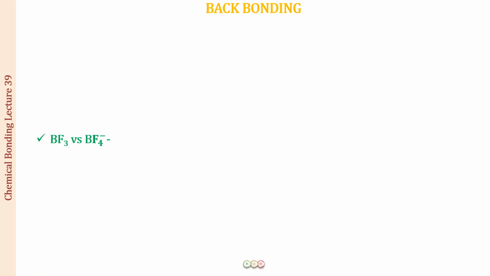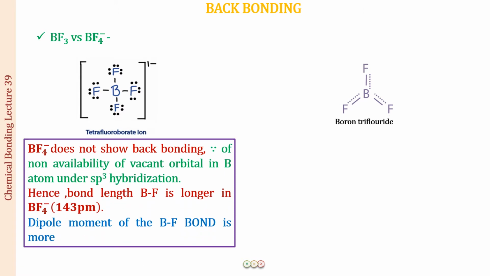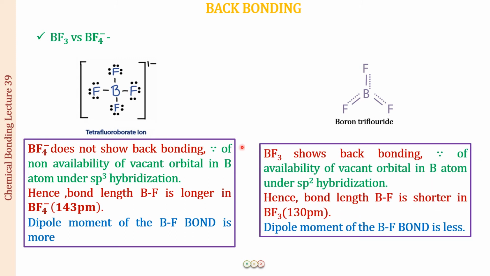So next, let us discuss BF3 versus BF4 negative. In BF4 negative, boron forms 4 sigma bonds with the fluorine atoms, whereas in BF3 it is 3 sigma bonds. So what about the hybridization of boron in both of them? In BF4 negative, it is 4 sigma bonds, which means sp3 hybridization, and in BF3 it is sp2 hybridization.